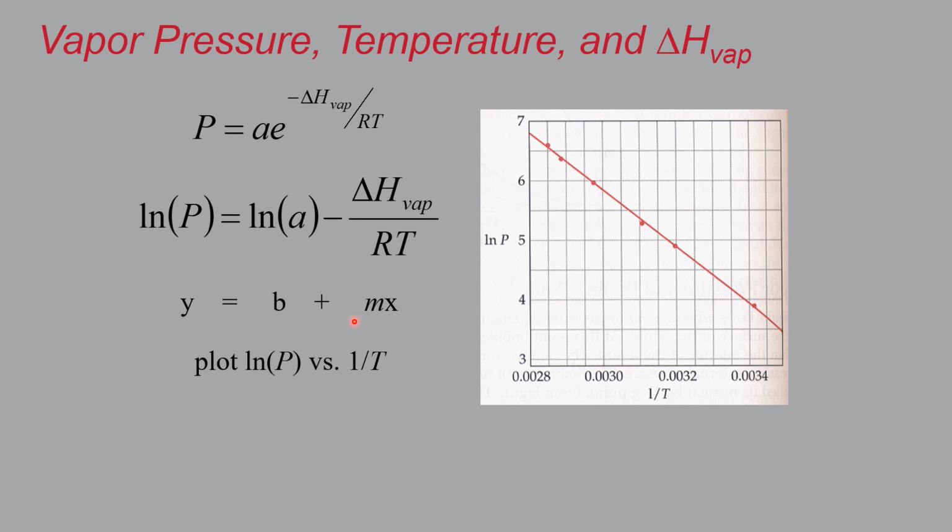The nice thing about this is, if you measure the vapor pressure at a bunch of temperatures and make a plot like this, you can determine the enthalpy of vaporization of a particular compound. The slope of this line is equal to negative delta H of vaporization over R. So if you multiply your calculated slope by negative R, then there's your enthalpy of vaporization, and that's how these things are measured.